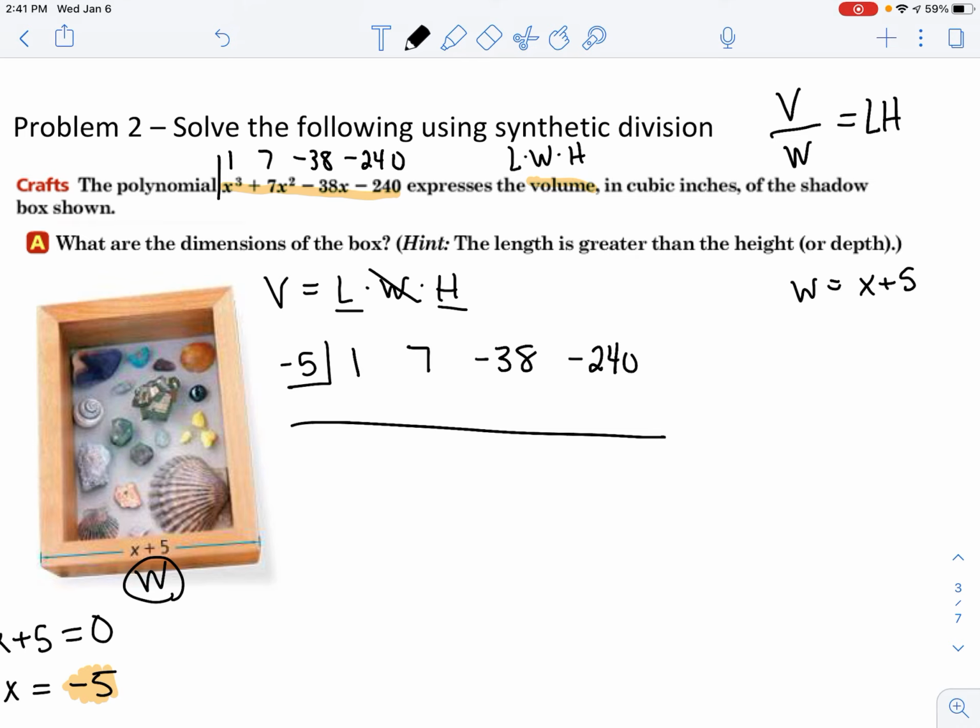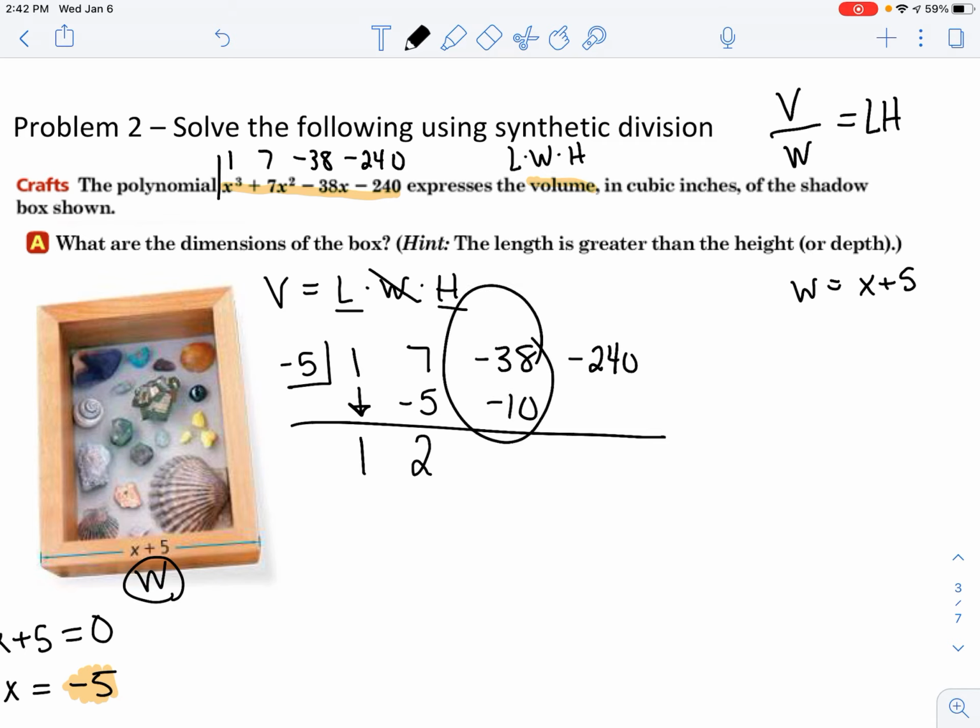Let's play out our synthetic division. So like I did in the problem above, the 1 drops down. I multiply it with the negative 5. Well, 1 times negative 5 is negative 5. Sorry about that. Now I'm going to add going up and down. So 7 and negative 5 makes 2. Now I'm going to do 2 times negative 5, which is negative 10.